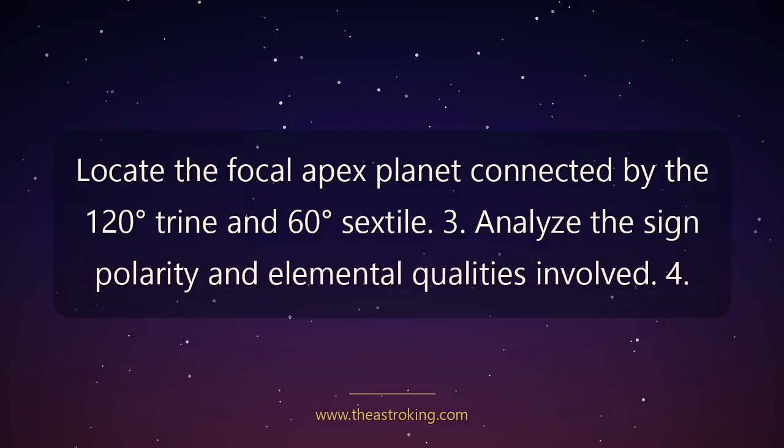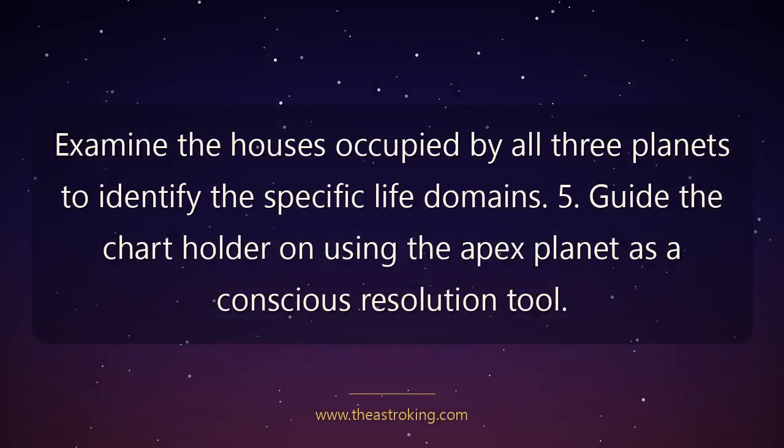Locate the focal apex planet connected by the 120 degrees trine and 60 degrees sextile. 3. Analyze the sign polarity and elemental qualities involved. 4. Examine the houses occupied by all three planets to identify the specific life domains. 5. Guide the chart holder on using the apex planet as a conscious resolution tool.